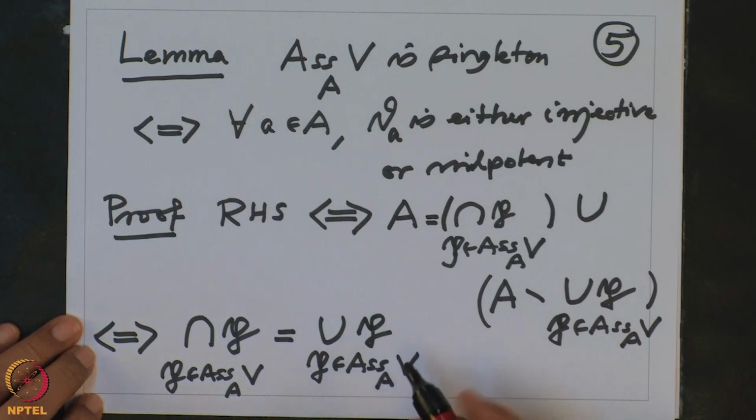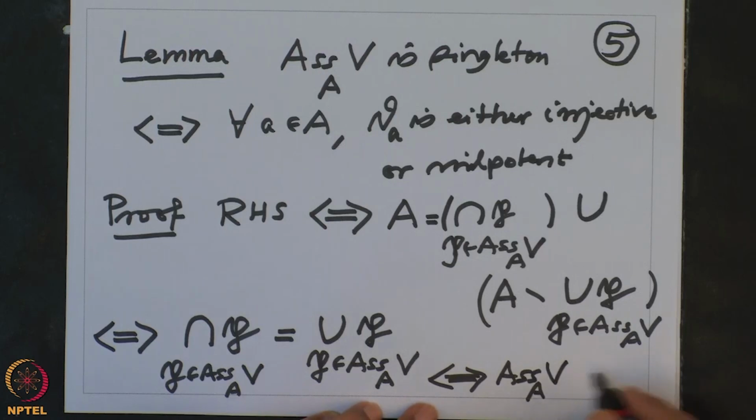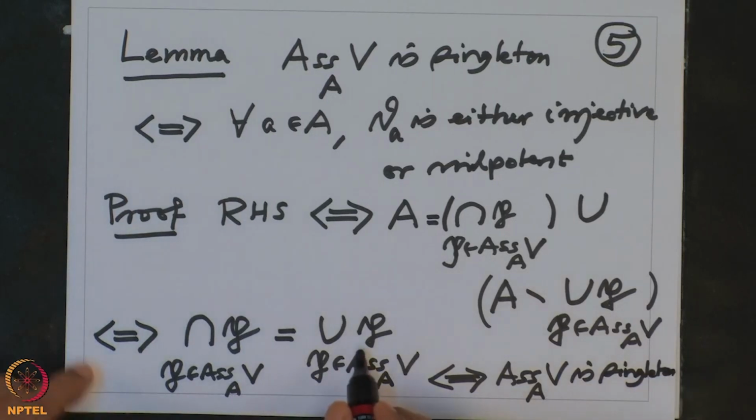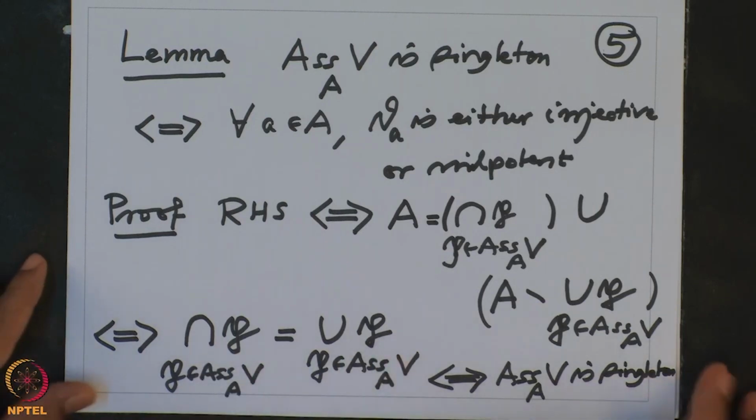But when can it happen? This can happen only if and only if the associated primes is only one, is a singleton. Because if there were at least two or more, then this side is smaller and that side will be bigger. So therefore it is a singleton.